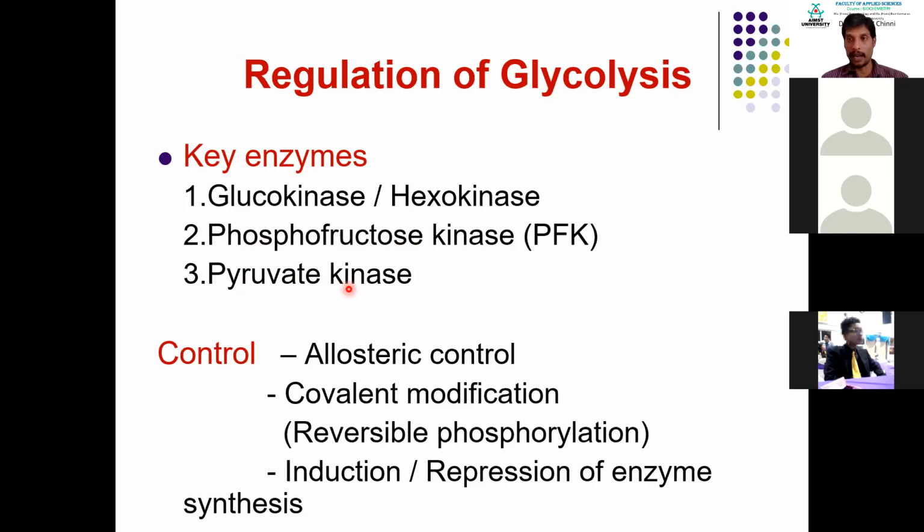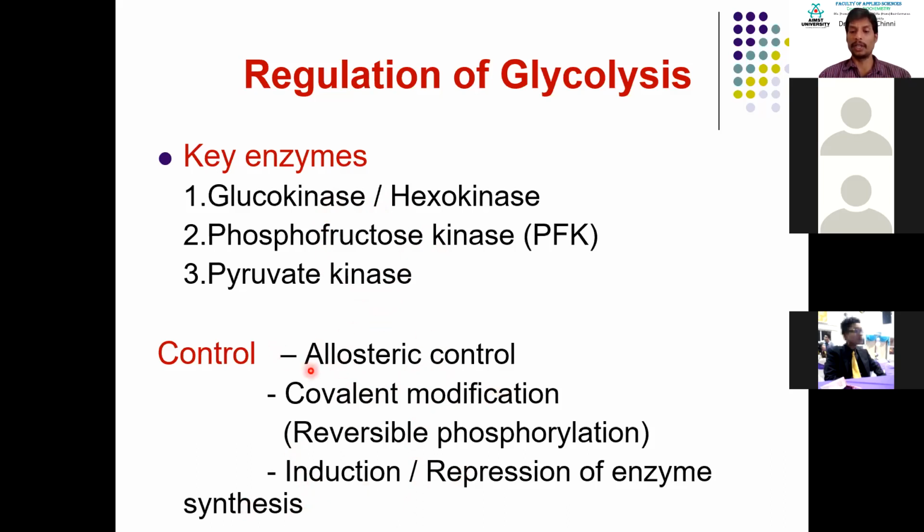Among the 10 reactions of glycolysis, these three are in a single, forward direction only. They are the rate limiting steps, deciding whether glycolysis will proceed or wait. That information is conveyed by these enzymes in three ways: allosteric control, covalent modification, or induction or repression of synthesis.